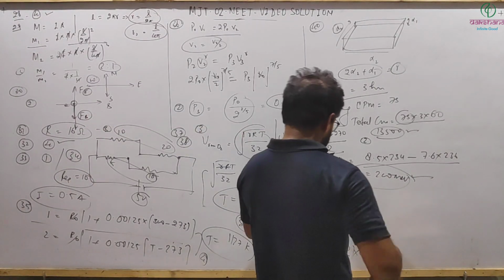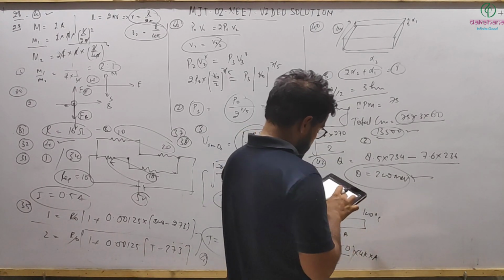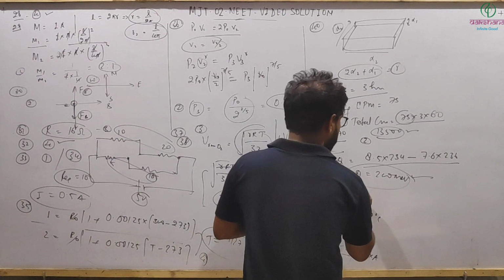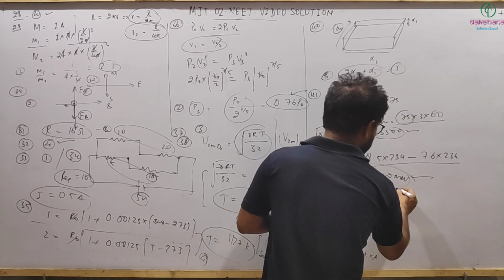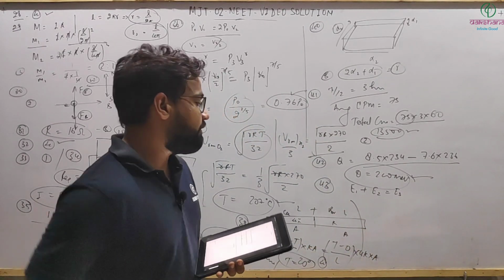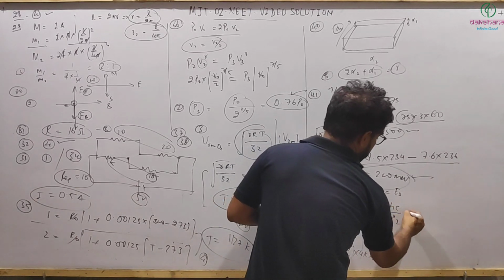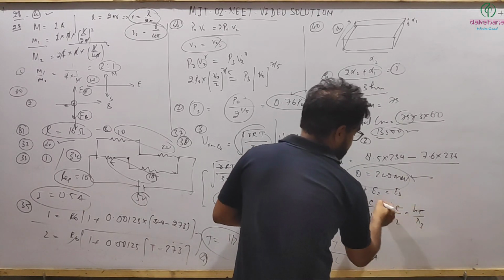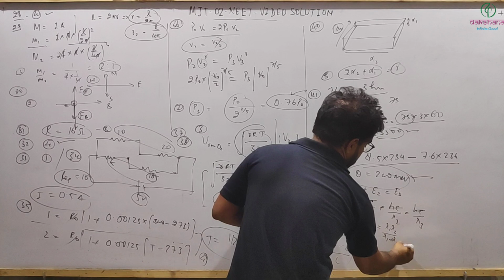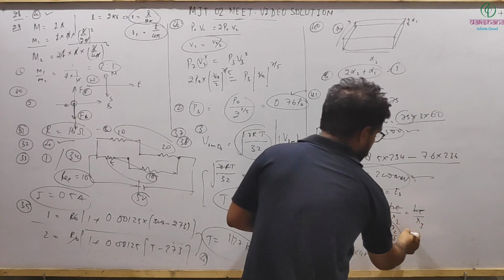So here we can see the jump from EC to EB and so on, so E1 plus E2 must be equal to E3. We can write E1 equals Hc by lambda 1, E2 equals Hc by lambda 2, E3 equals Hc by lambda 3. Hc gets cancelled, so lambda 3 is equal to lambda 1 lambda 2 by lambda 1 plus lambda 2. This matches with correct option number 2.